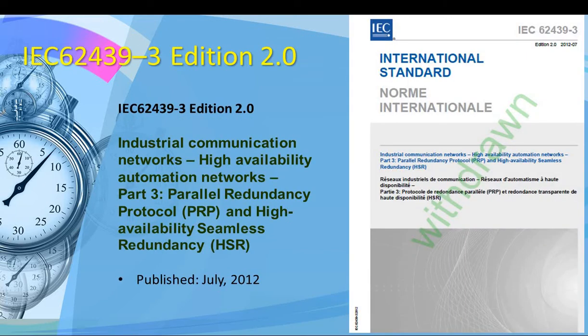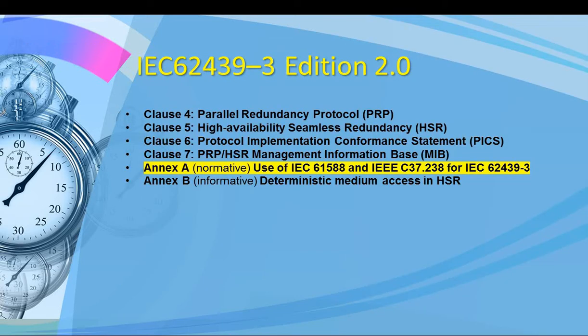In July 2012, IEC released an updated version called version number 2. The name is the same. This version includes the following major clauses: clause 4 PRP, clause 5 HSR, clause 6 PIPs, and clause 7 MIPs.